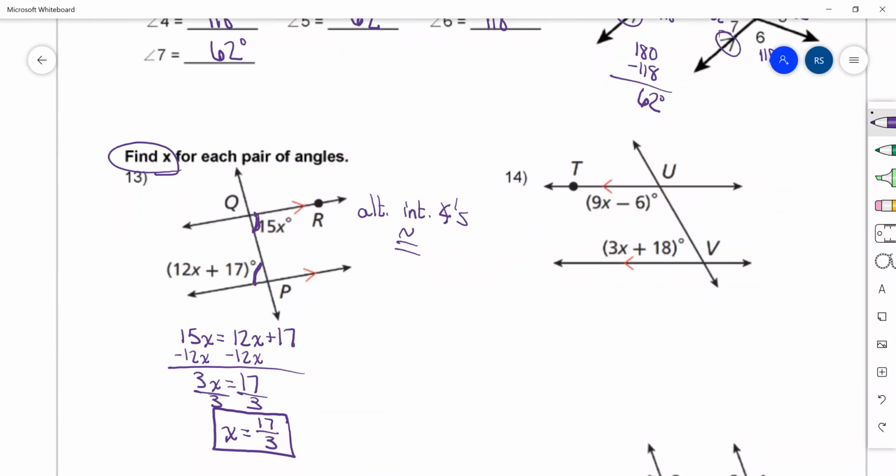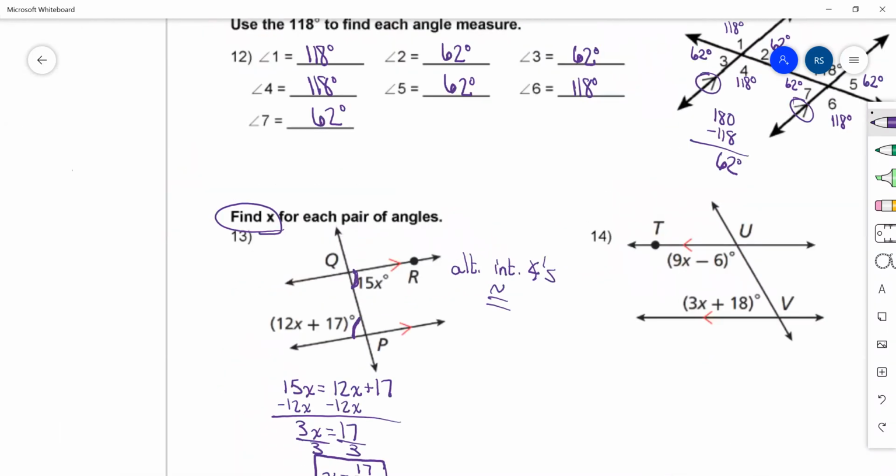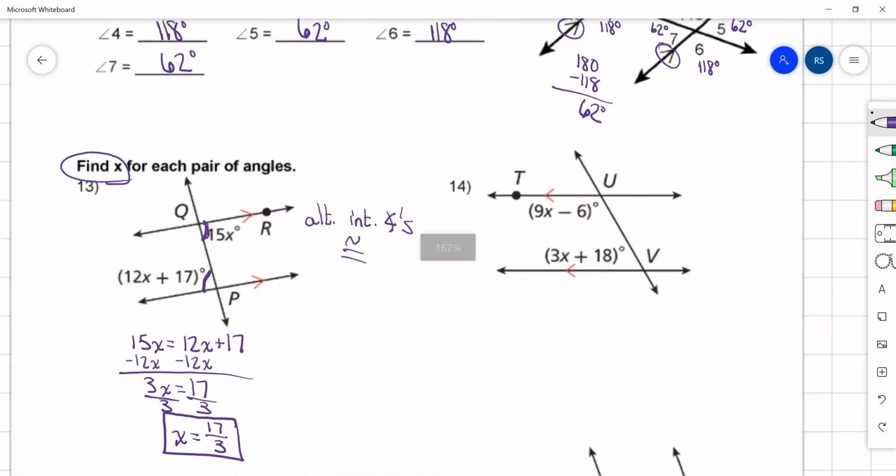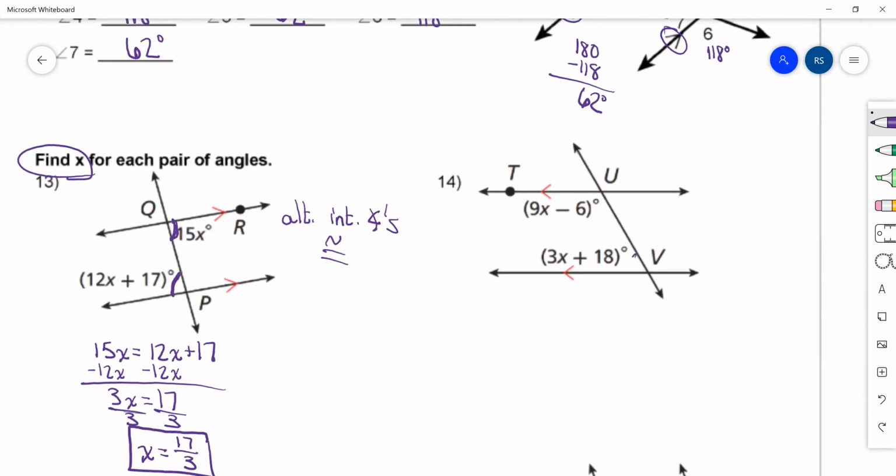14. What do we notice? We have an acute angle, but then this angle right here is obtuse. So they're not the same, which means they have to add to give me 180.